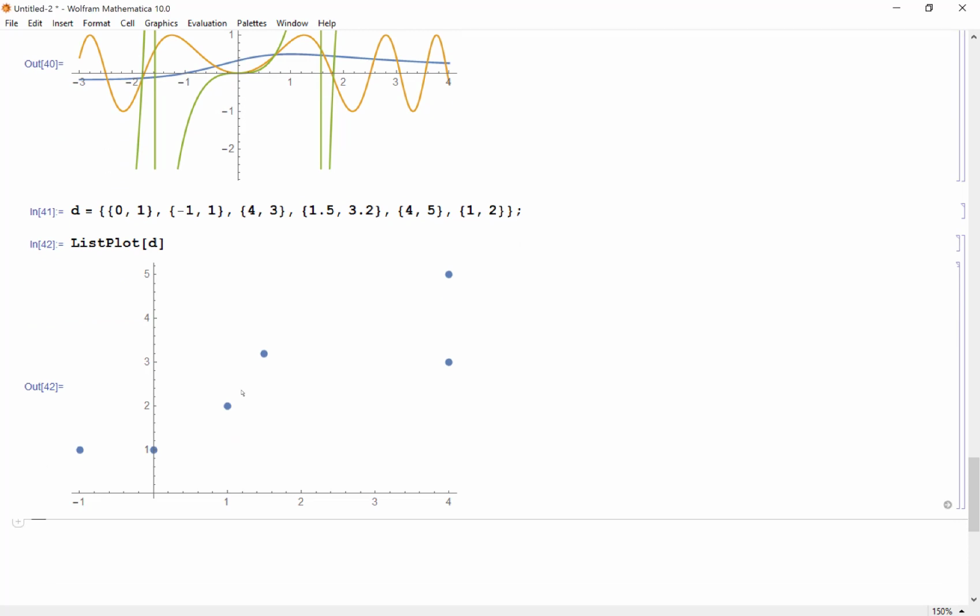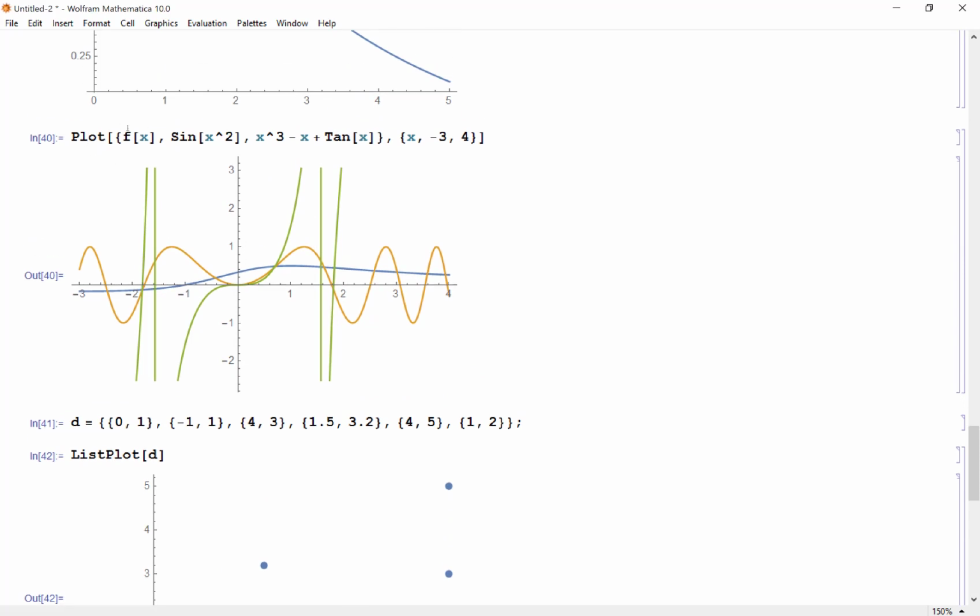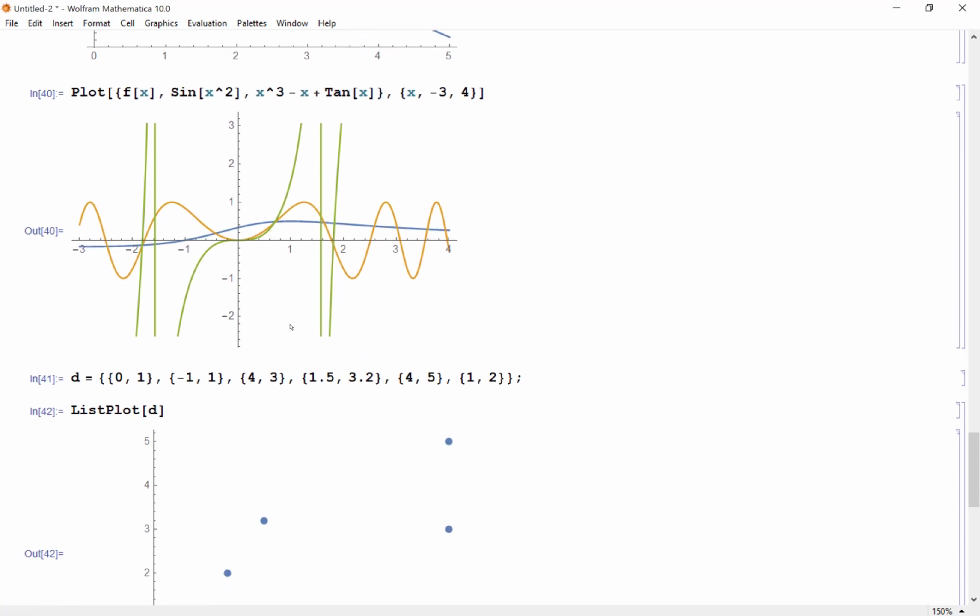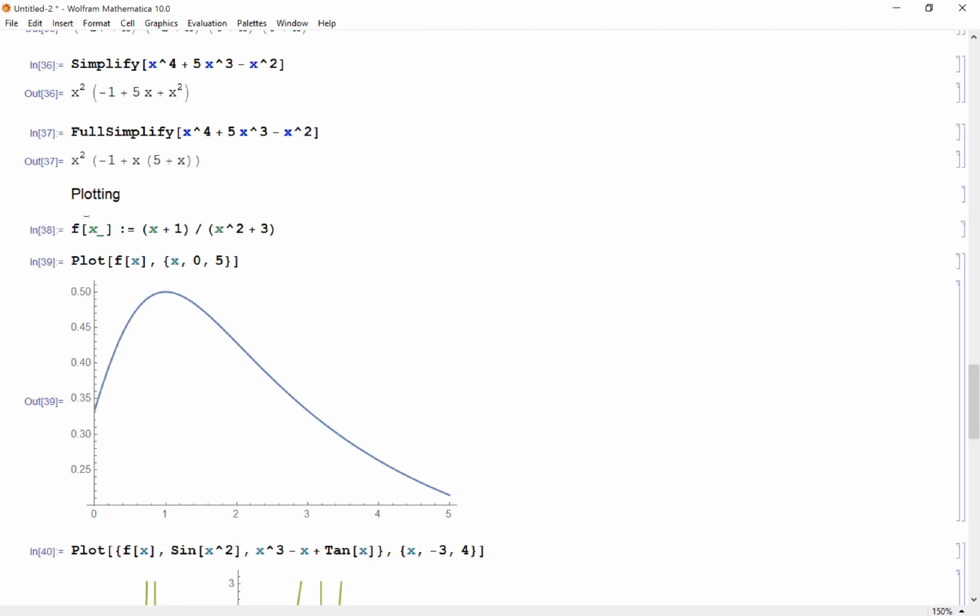Now what may be useful is that you want to show this data set with one of my curves. How do you do that? Because this is a list plot, it's a different function than what we did here. So let me label this my list plot, and let me come up to f of x up here and call that my plot.